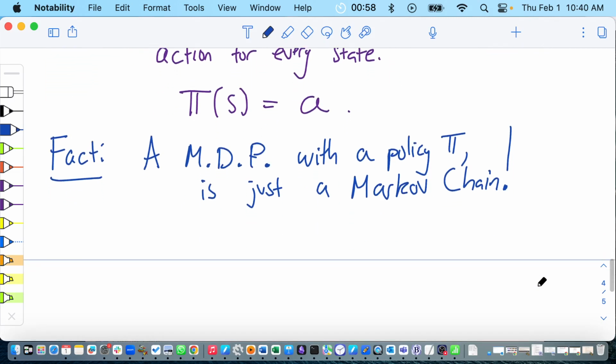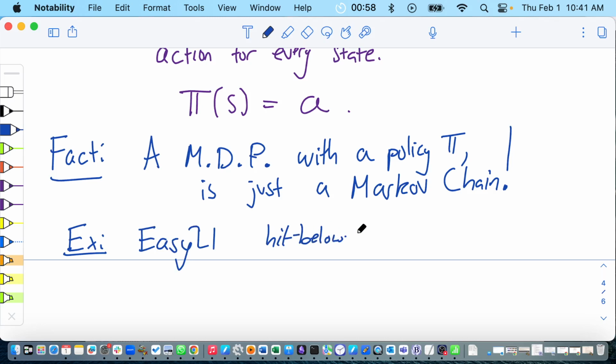And this is what you guys did without knowing it in the lab. So in lab 1, if you do Easy21 and you use the hit below L strategy, I called it a strategy in the lab. The right word for it is policy.